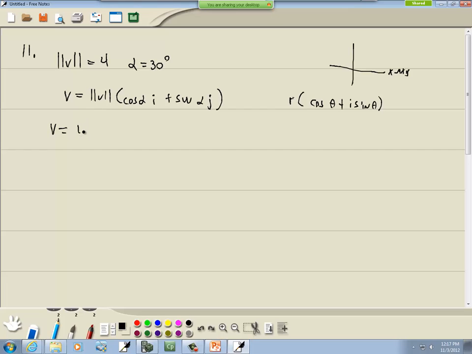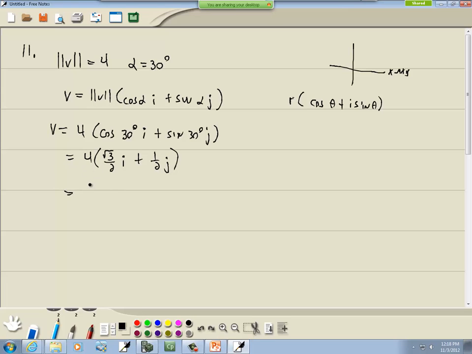Okay, so we plug in 4, and then we got cosine of 30 degrees i plus sine of 30 degrees j. Okay, well, I look at cosine of 30 degrees. That's square root of 3 over 2 i, plus sine of 30 is 1/2 j.